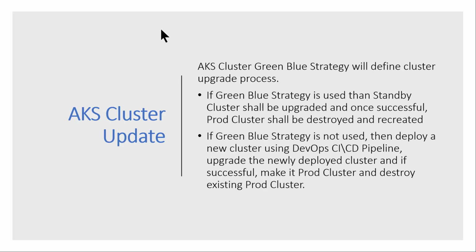If you are not using the green blue strategy, then probably the best route is to provision a new replica cluster from your DevOps process. Update this newly provisioned cluster without touching the production cluster, making sure everything is good, healthy, and up and running. Then you convert this newly provisioned cluster into your production cluster and destroy the old cluster. So that's what the cluster update strategy is, but this should be included in your strategy.